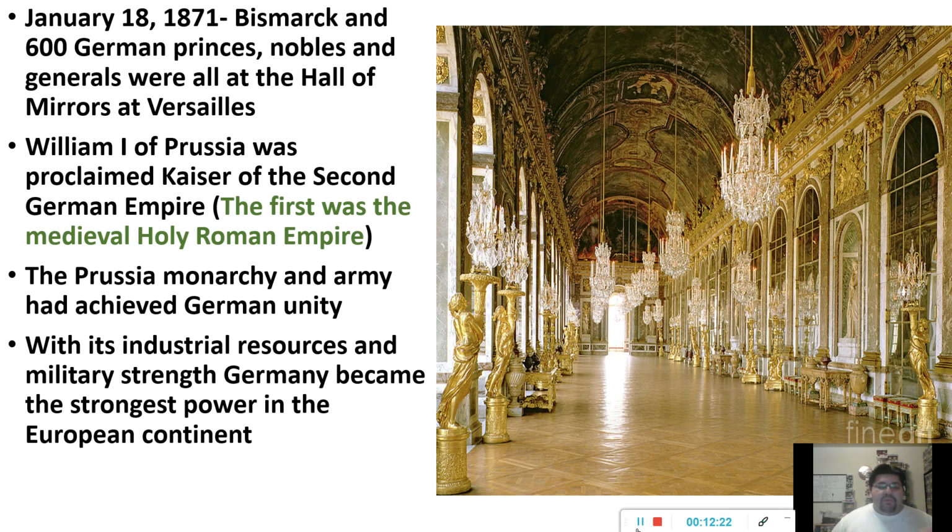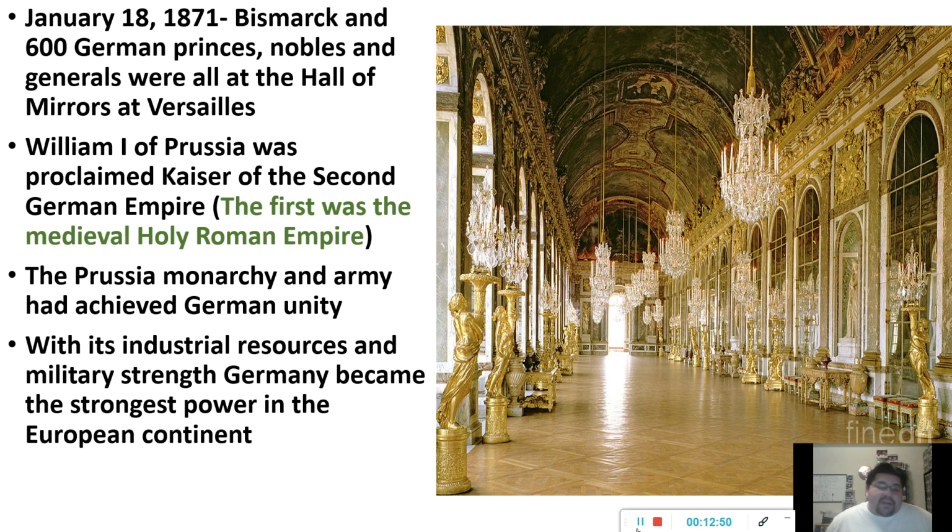This one is the second German Empire. When Hitler takes over in World War II, he calls it the Third Reich, which is the third empire or third kingdom. So if you never knew why the Nazis were called the Third Reich, now you know, and we will get to that later on in history.